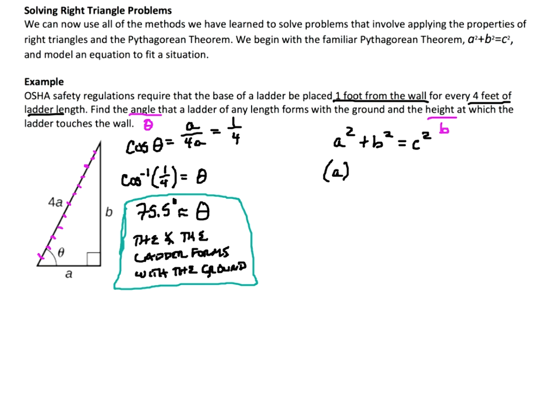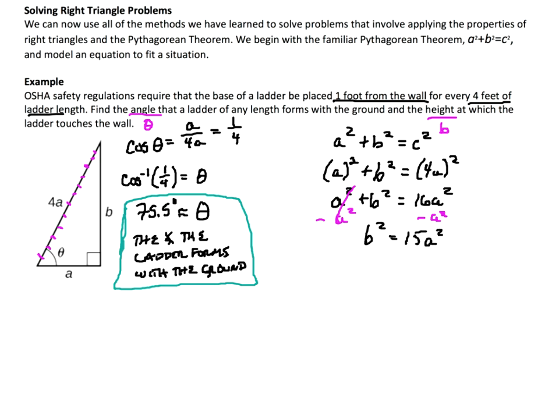So we have side A squared plus my unknown B squared equals 4A squared. So A squared plus B squared equals 16A squared. I'm going to subtract A squared off of both sides. And I get B squared is equal to 15A squared.